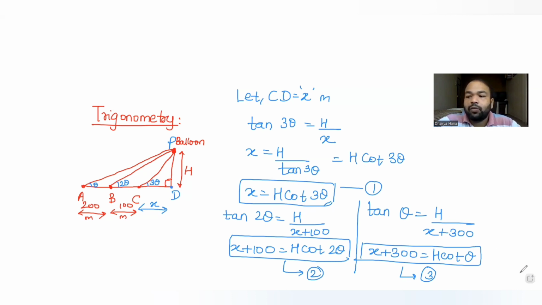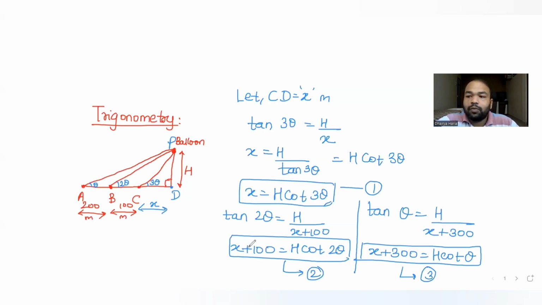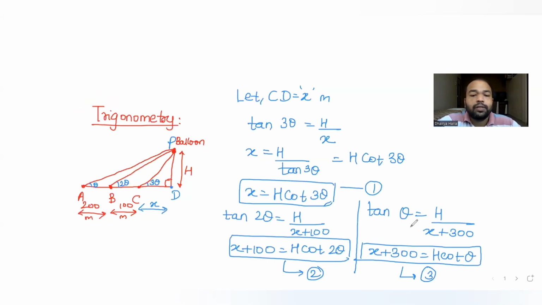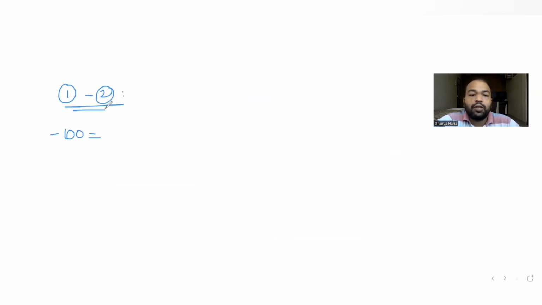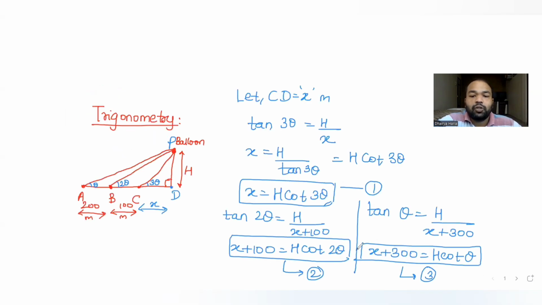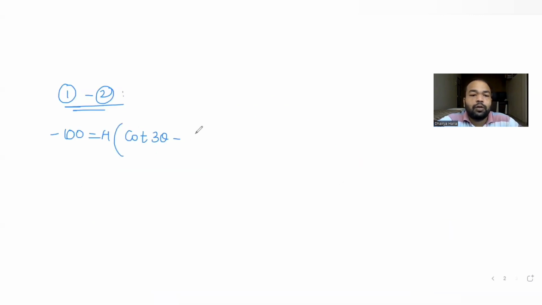From 1 and 2, if I subtract them, 1 minus 2, I get X minus X minus 100. So it becomes minus 100, equal to H cot 3 theta minus H. Taking H common, you get cot 3 theta minus cot 2 theta.